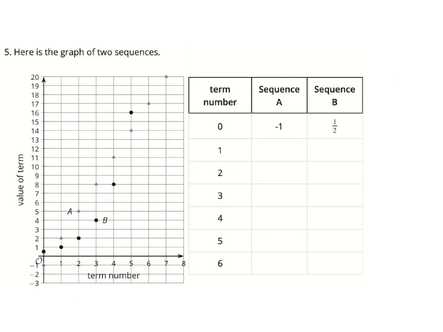Okay, here are the graphs of two sequences. So we're going to call sequence A orange and sequence B blue. No, wait, they got A in blue, so let's change the colors. Let's make A blue and B orange.